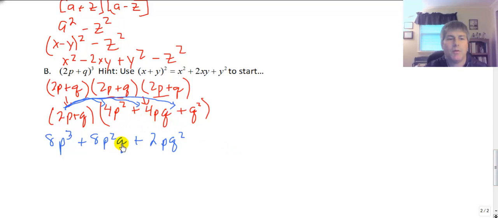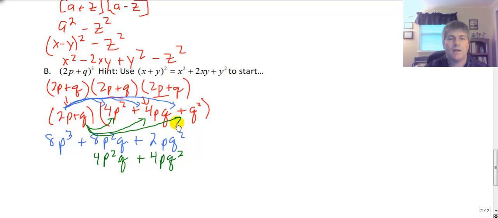And now I have to multiply the q times every single term. So I'll multiply q times 4p squared. I get 4p squared q. And I'm going to line that up under that one because those are like terms. The q times the 4pq, I get 4pq squared. And again, I'm going to line that up because those are like terms.